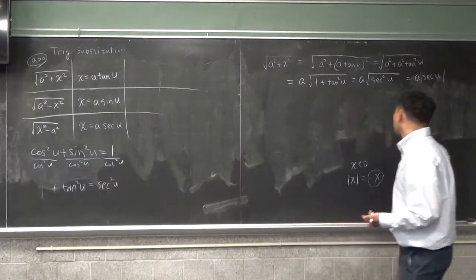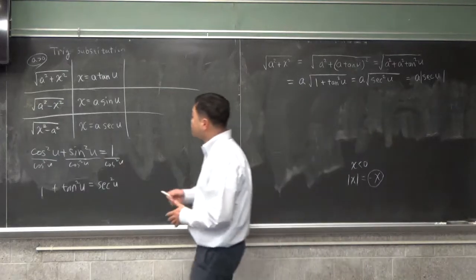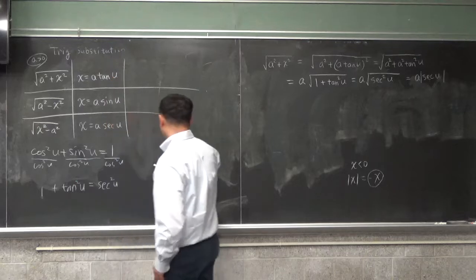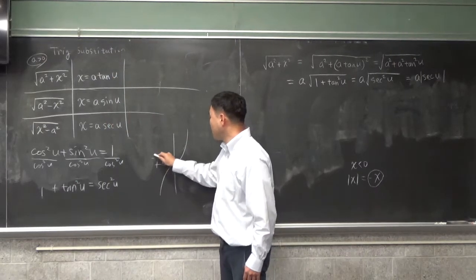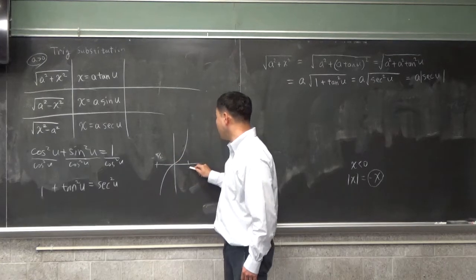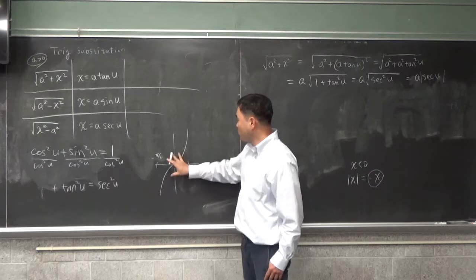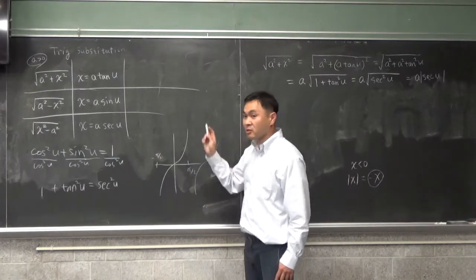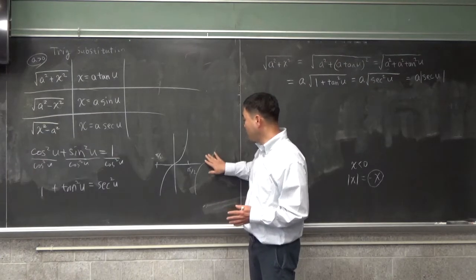And the reason that it doesn't happen is the following. If you set x as a times tangent of u, the graph of tangent is like that, with negative pi over 2 and pi over 2. And the graph of tangent is a periodic function, so it repeats, which a priori doesn't have an inverse function.